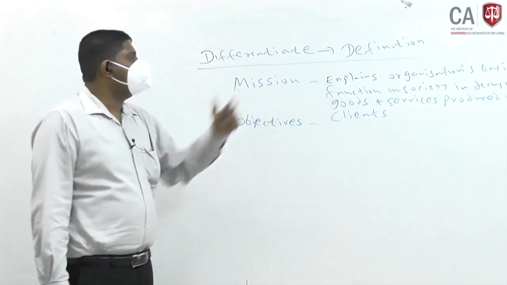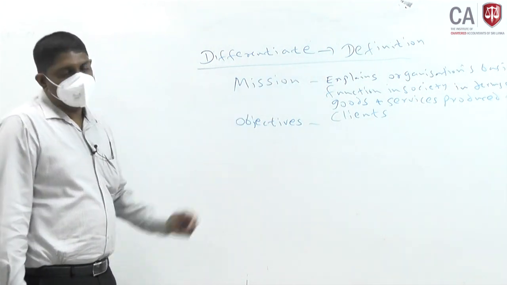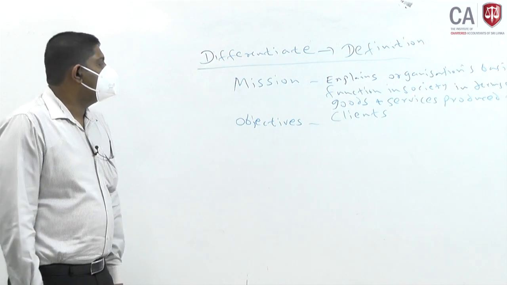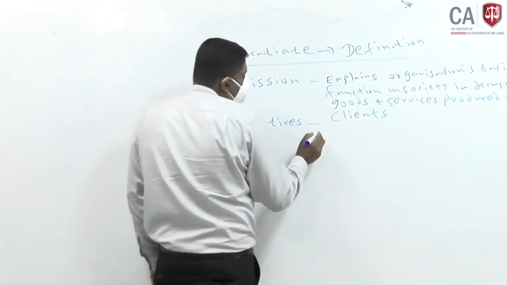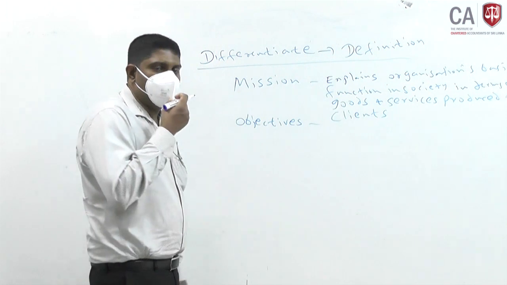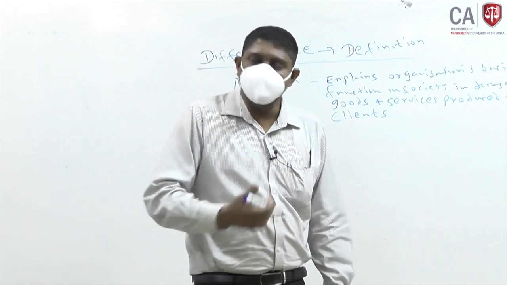So, you start with the definition regarding mission, then objectives. You can come up with the definition regarding the objective also. This is something we are planning to achieve within the time period of the business plan.